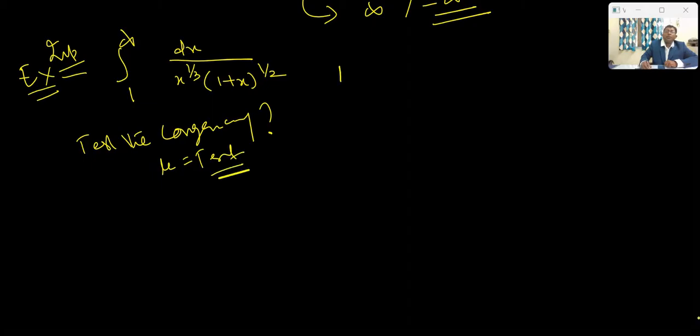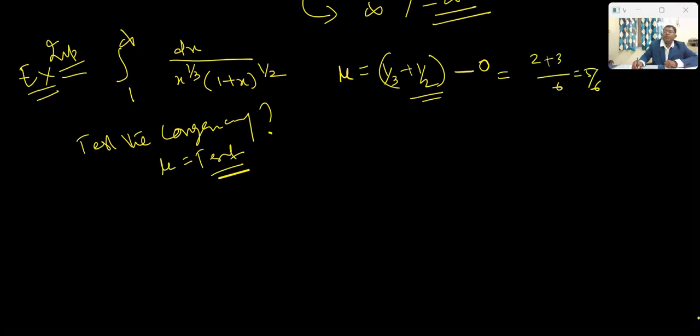What is the power of the denominator here? The power of the denominator is 1 by 3 plus 1 by 2, and the numerator is a constant, meaning the power is 0. If you add, the LCM is 6, it is 2 plus 3, which is 5 by 6, and it is less than 1.